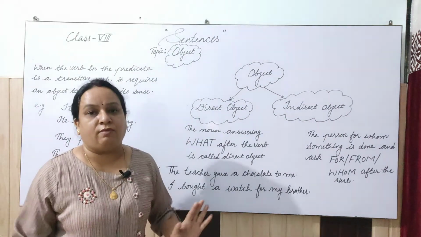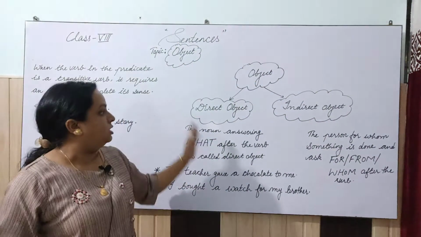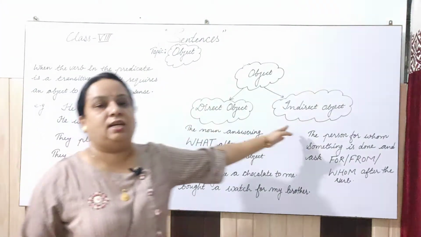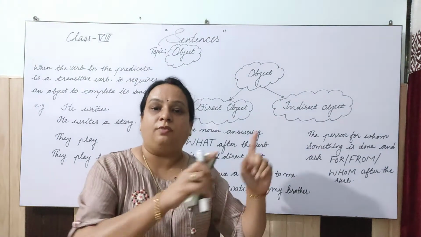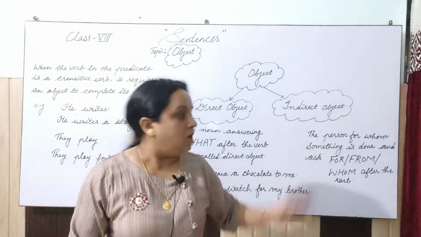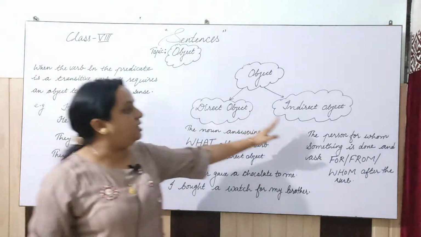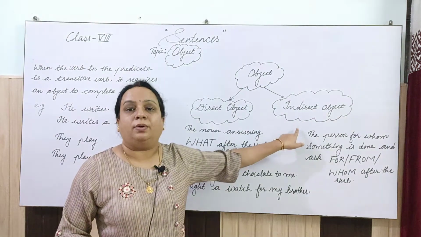In simple language, you have to learn that direct objects are the things and indirect objects are the persons after the verbs. Clear? Direct objects are the things and indirect objects are the persons.